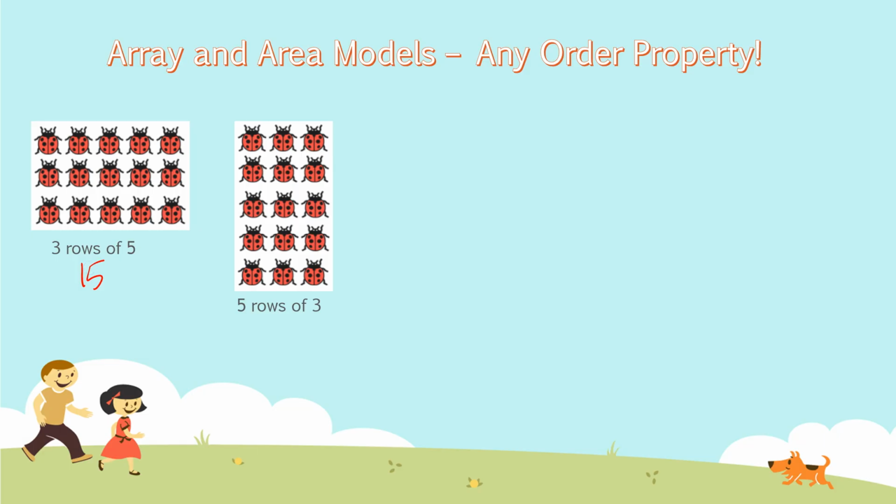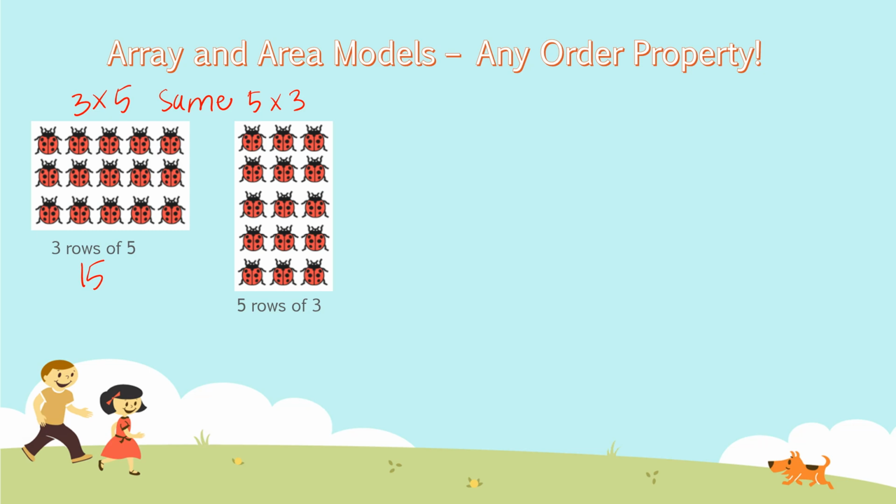If you count up the number of ladybugs, it would be the same as 5 rows of 3. So 3 times 5 is the same as 5 times 3. So it seems like we have an any order property here for multiplication.